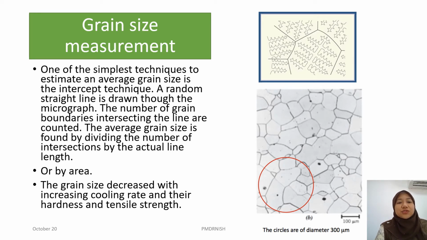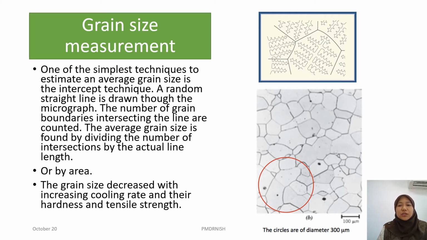A random straight line is drawn through the micrograph. So if you have this micrograph, draw a straight line. The number of grain boundaries intersecting the line is counted. Measure the grain boundaries that intersect with the line which you drew. The average grain size is found by dividing the line length by the number of intersections.